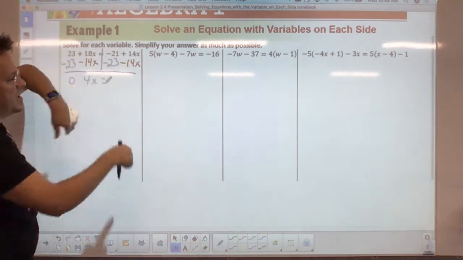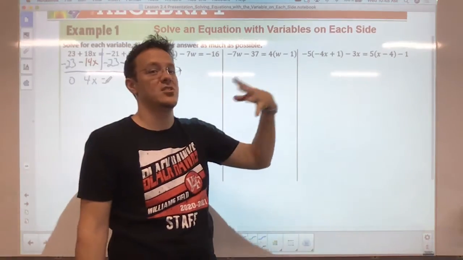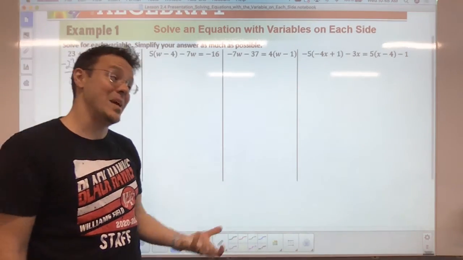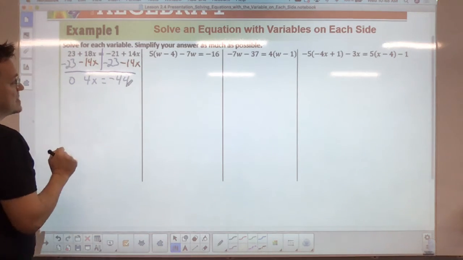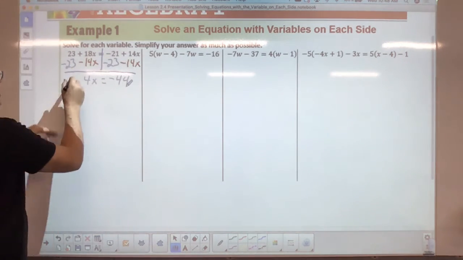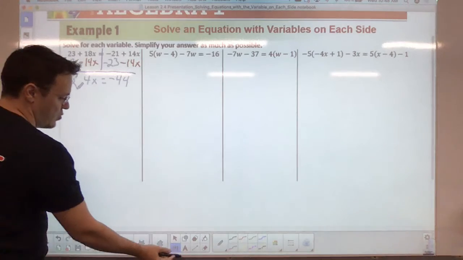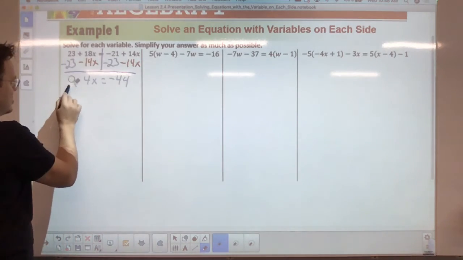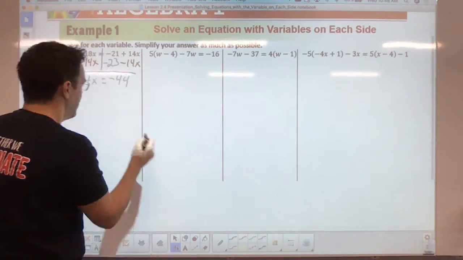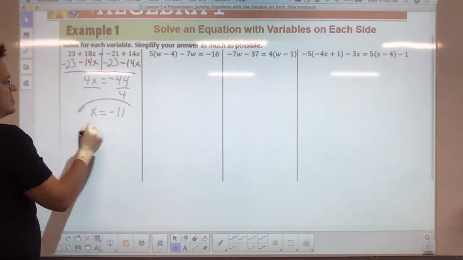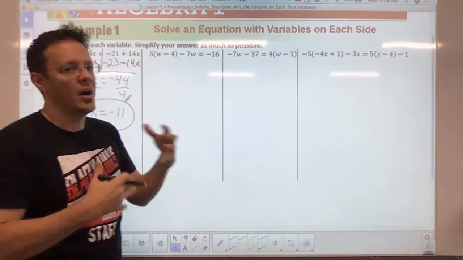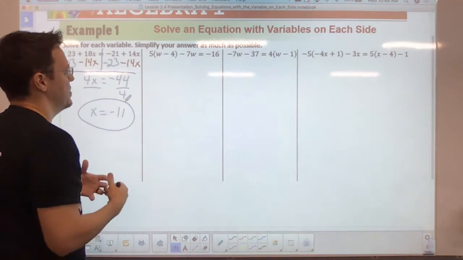Negative 21, I went and spent 21, I've spent 23. How much have you actually spent? You spent 44 bucks. And then these last ones cancel out, so there's your little setup, right? And then I would erase this, understanding that the zeros go away. There's my actual problem. Divide by 4, x is negative 11. Just like that, okay? Understand the setup and the process. By now you guys should.